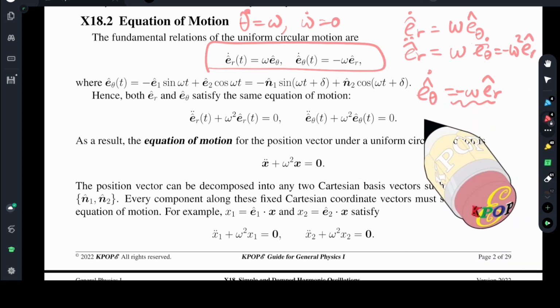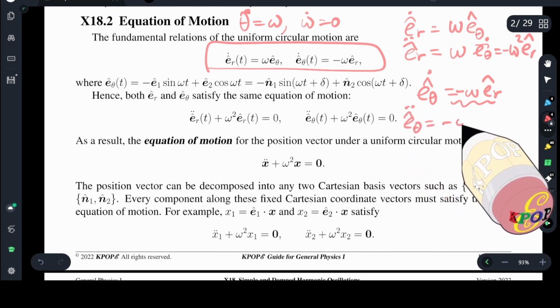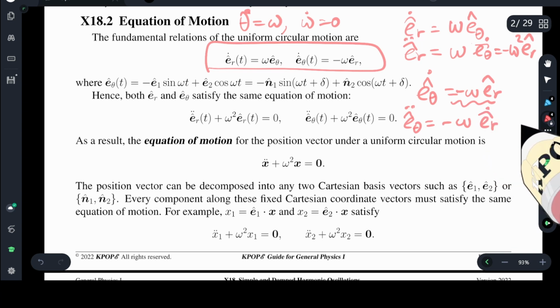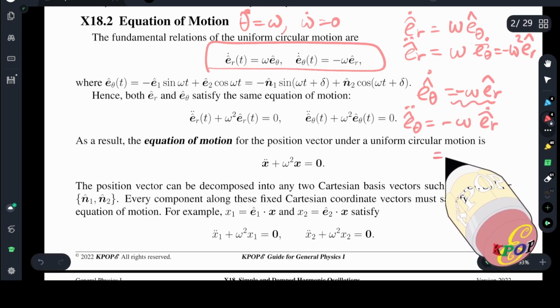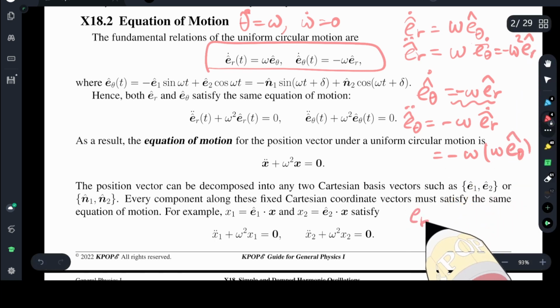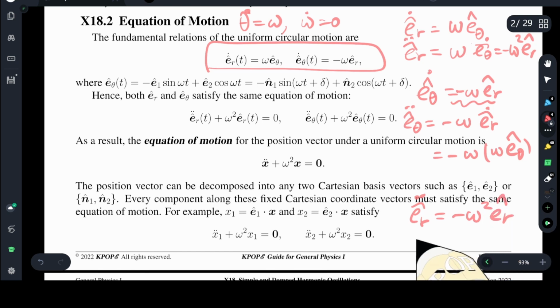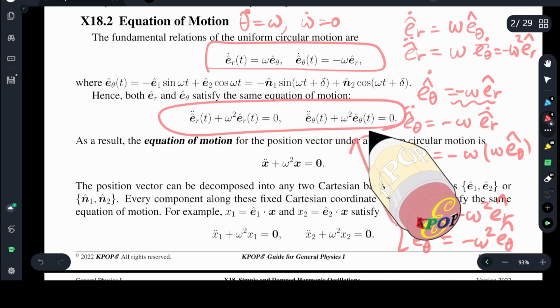We can do the same for e theta hat: e theta hat double dot equals minus omega e r hat dot, and that is minus omega squared e theta hat. As a result, both of them satisfy e r hat double dot equals minus omega squared e r hat, and e theta hat double dot equals minus omega squared e theta hat. So these are expressed in terms of this.